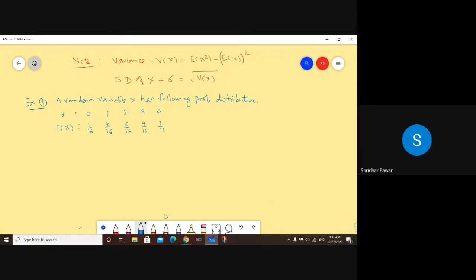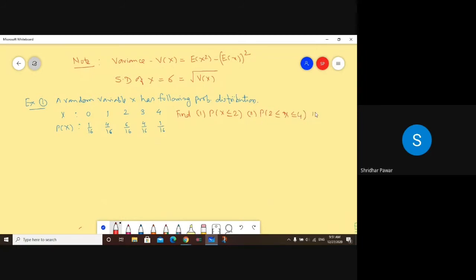Okay. Now for this probability distribution, what we have to do is find, number 1, probability of x less than or equal to 2. Second, probability of 2 less than or equal to x less than or equal to 4.